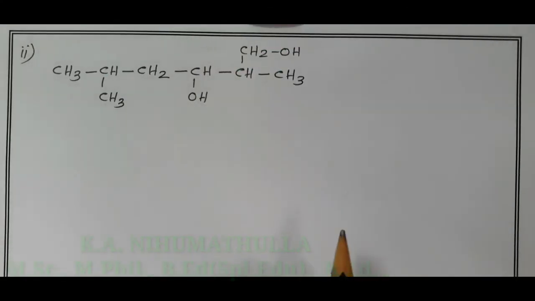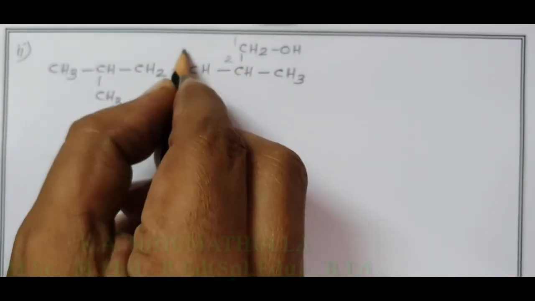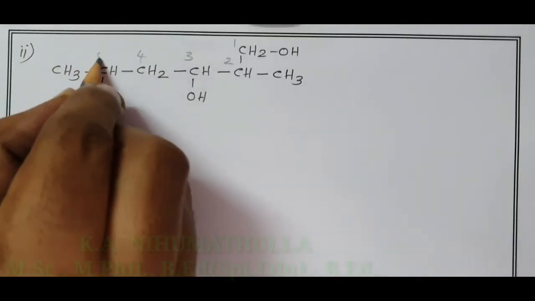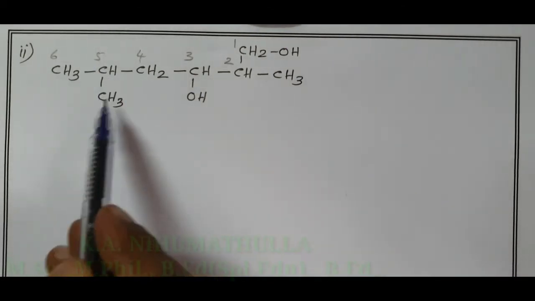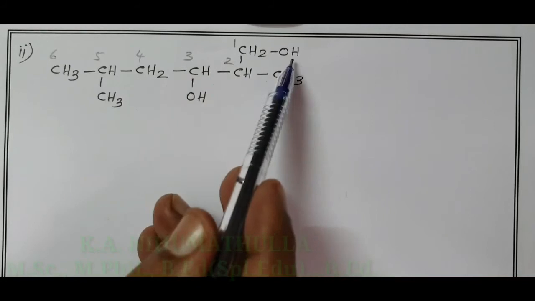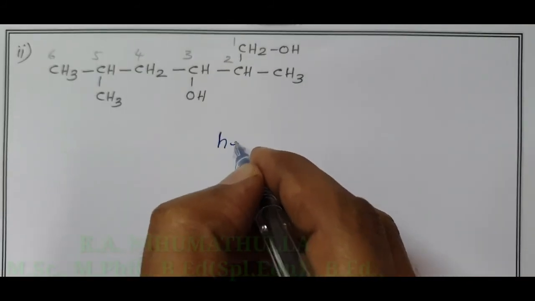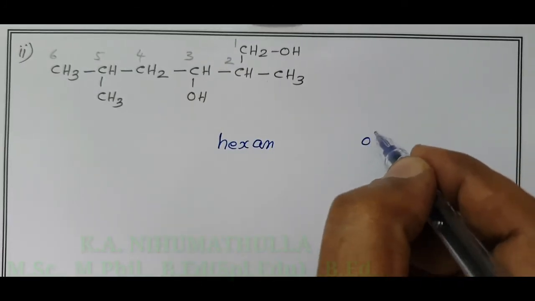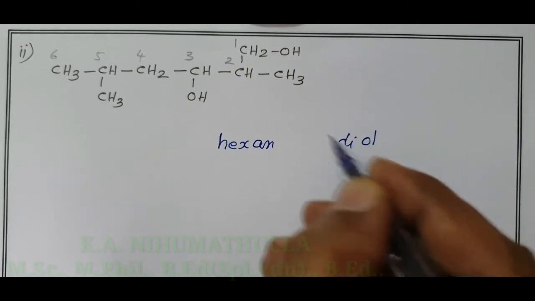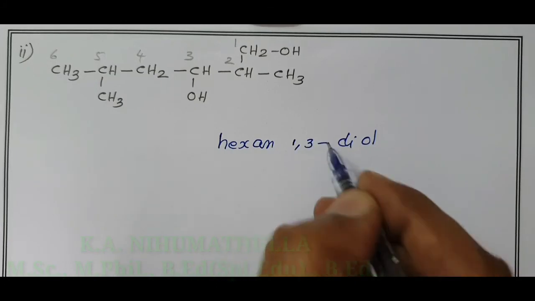So this is the second compound in the intext question: 1, 2, 3, 4, 5, 6. So the total number of carbon atoms is 6. In the second carbon and fifth carbon, we have 2 methyl; first carbon and third carbon, 2 ol. 6 carbon, root word hex, carbon-carbon single bond ane, OH ol, 2 OH, diol, position of OH are 1, 3 diol.